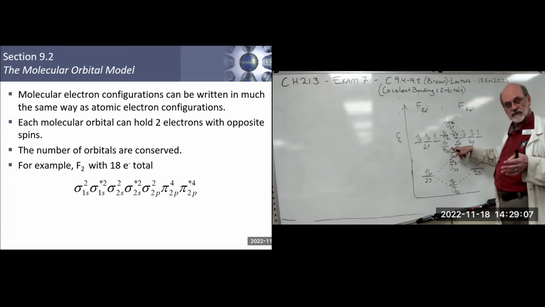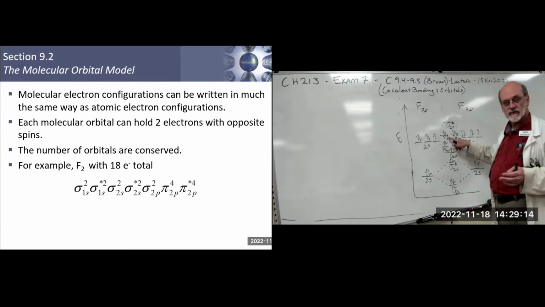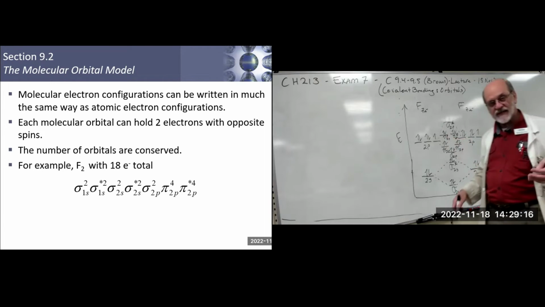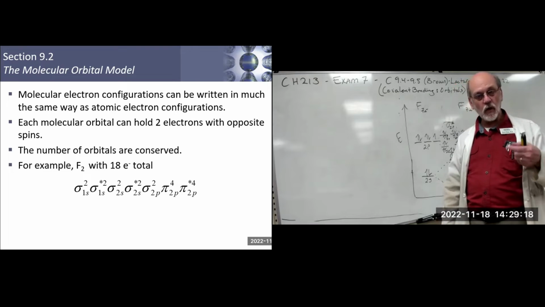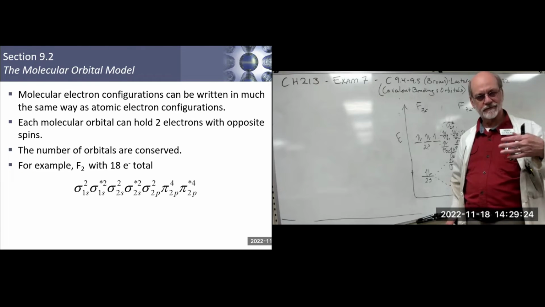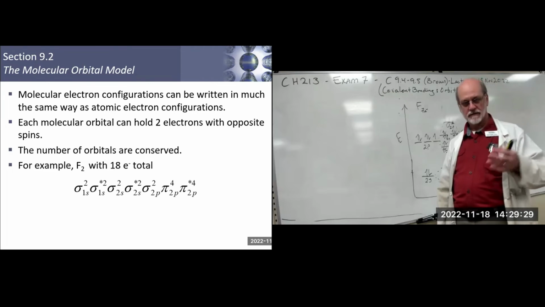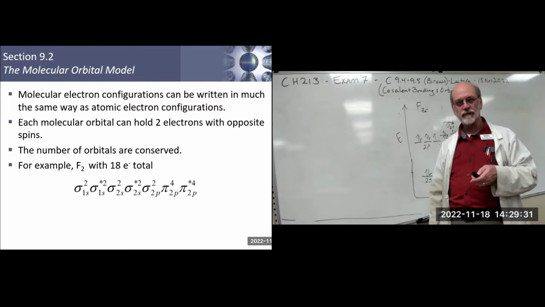Right? So we've combined those just like we did with atomic orbitals. And then the pi star 2p has 4 electrons. That's the molecular orbital structure, the molecular orbital language for difluorine.